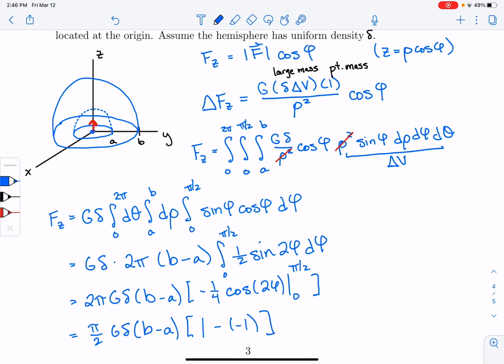So that makes 2. When I multiply by 2, I'm going to get pi G delta times B minus A. And so the gravitational force in the z direction, which is the only force that we're going to get that's non-zero on that particle, is going to be positive, notice, so the force is going to be pushing the particle up, and the strength of that force is going to be pi G delta times B minus A.